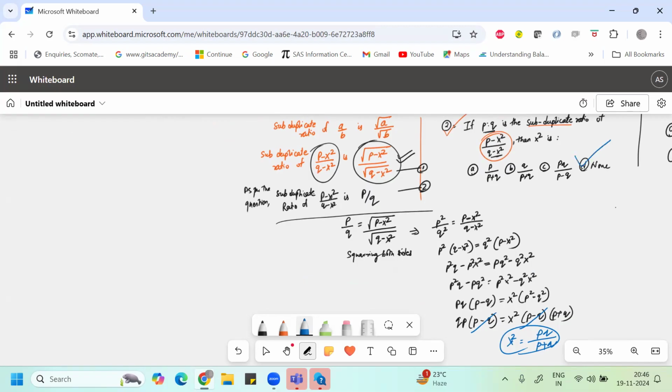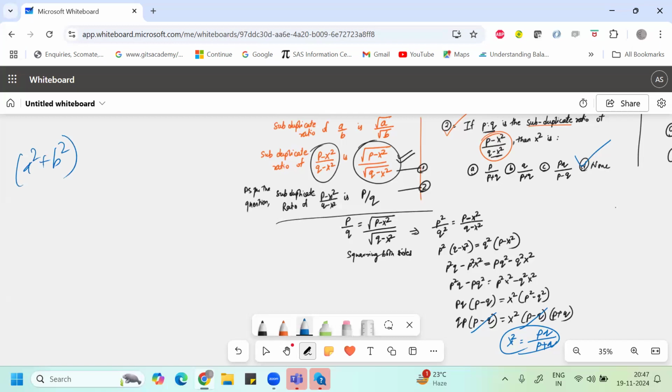So your answer is option D, none. Any doubt? Everyone knows the formula, na? What is the formula of a square plus b square?